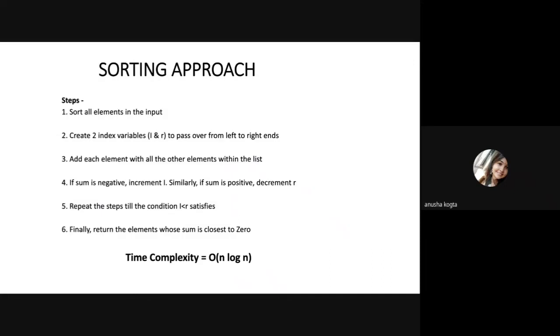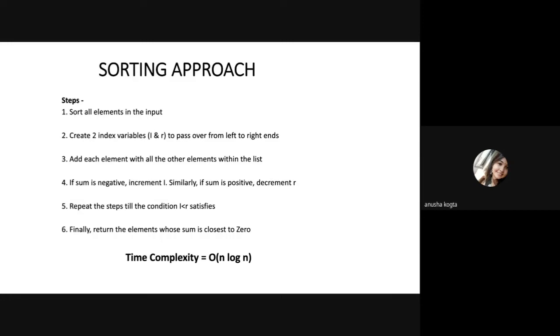In this sorting approach, the first step is to sort all the elements in the input, in ascending or descending order. Then we create two index variables, L and R. Then we pass over the list from the left and right ends, adding the two elements.